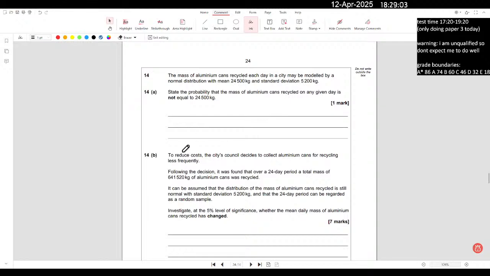Oh, but yeah. The mass of aluminium cans recycled each day in a city may be modeled by a normal distribution with mean 24,500 kg and standard deviation 5,200 kg. State the probability that the mass of aluminium cans recycled on any given day is not equal to 24,500 kg. 1?